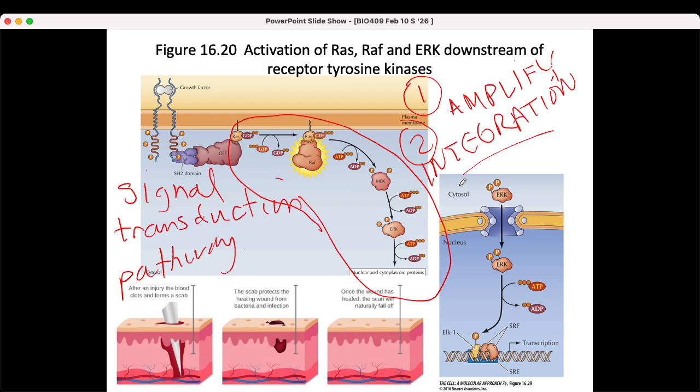And they need to have kind of a combination effect like that. And we'll meet an example of that later in our course. There are lots of examples of that. And so integration means that we take this pathway and also require another pathway. Another pathway might also stimulate it, say yes, or another pathway might block it. And these signal transduction pathways can get complicated because of the integration. Okay? So, the signal transduction pathway.